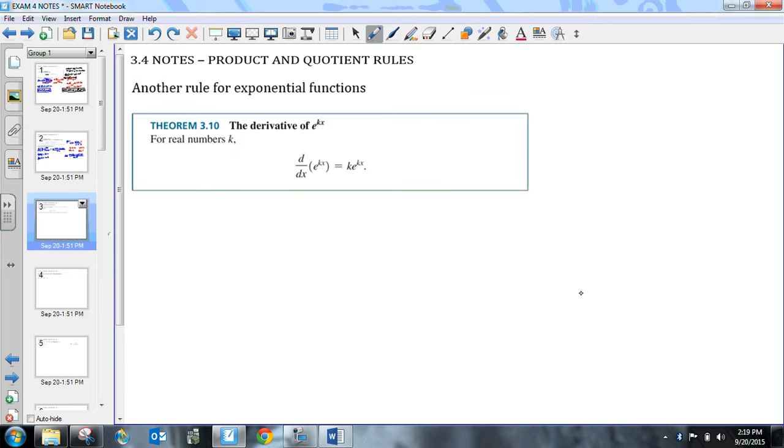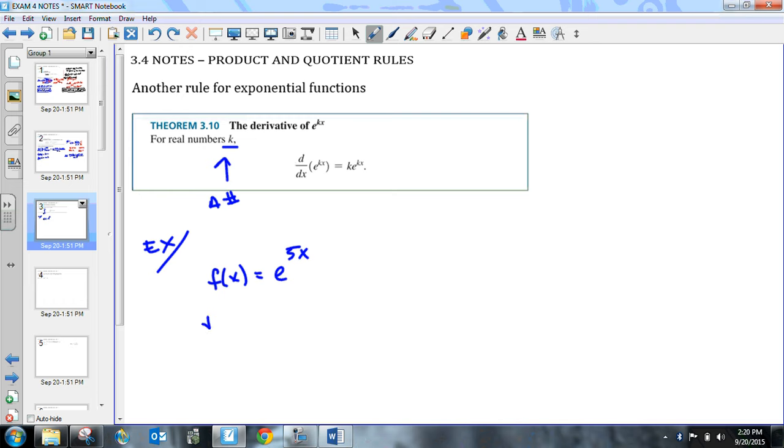Another rule for this section that I want to talk about is the derivative of e to the kx, where k is a constant. K is a number, so I'm going to treat it like a number. Let's say I have a function f of x is equal to e to the 5x.